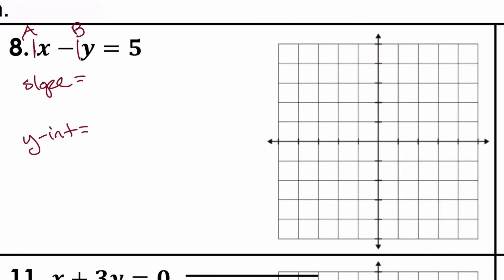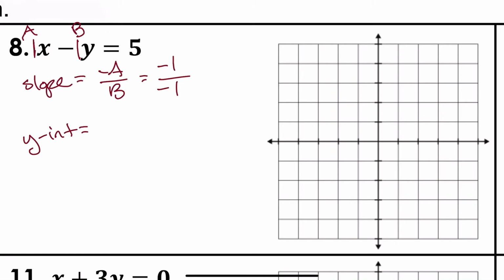All right, so our slope is going to be the opposite of A over B. Okay, well, A is going to be a positive 1 here, so I'm going to have a negative 1 on top because I want the opposite. And then our B, it looks like it's a negative 1. Being really careful here, since we have this minus sign, this is telling us we have a negative 1. So I'm going to take that and put that at the bottom.